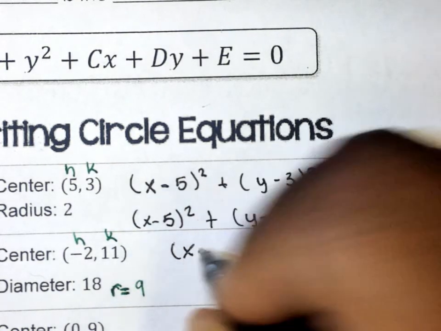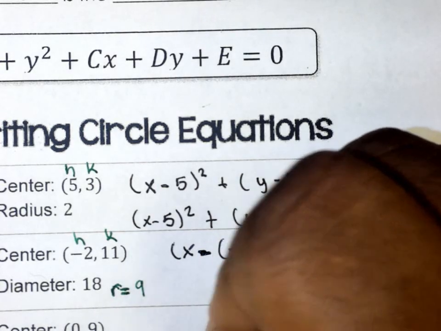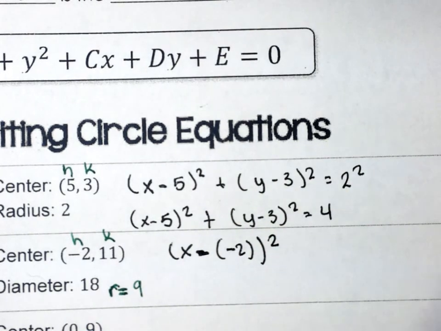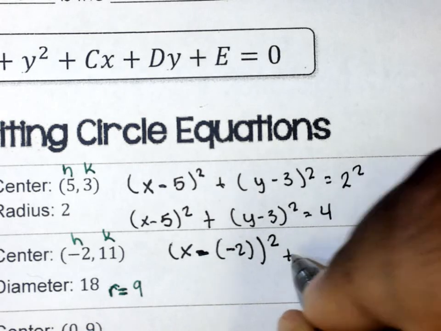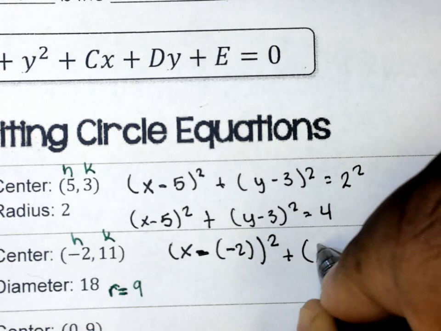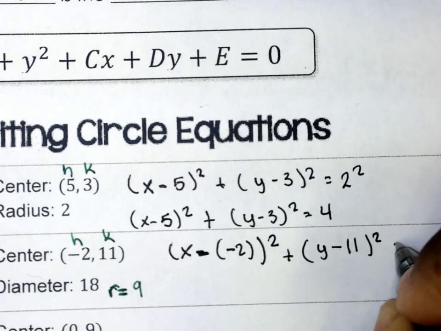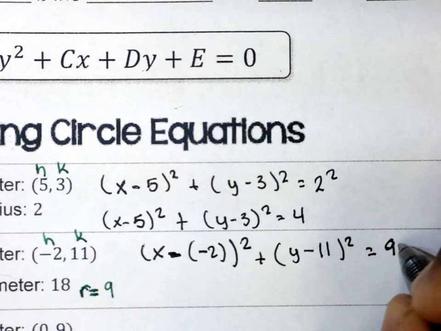The minus sign is already in my formula. Parentheses -2, another parentheses squared. So I've got (x - -2)^2 + (y - 11)^2 = 9^2.